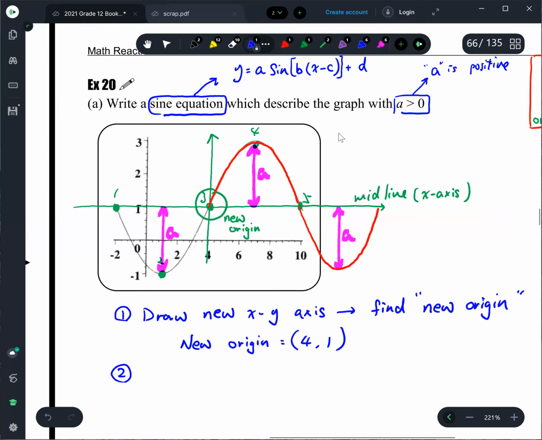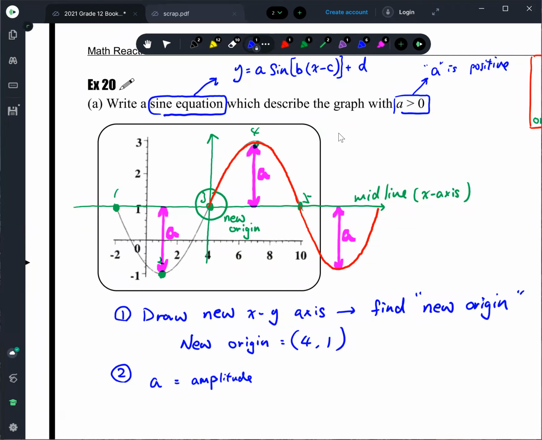And because A is positive, we don't need to write -2, we just write 2. Okay, so we can write A is the amplitude, which is 2.